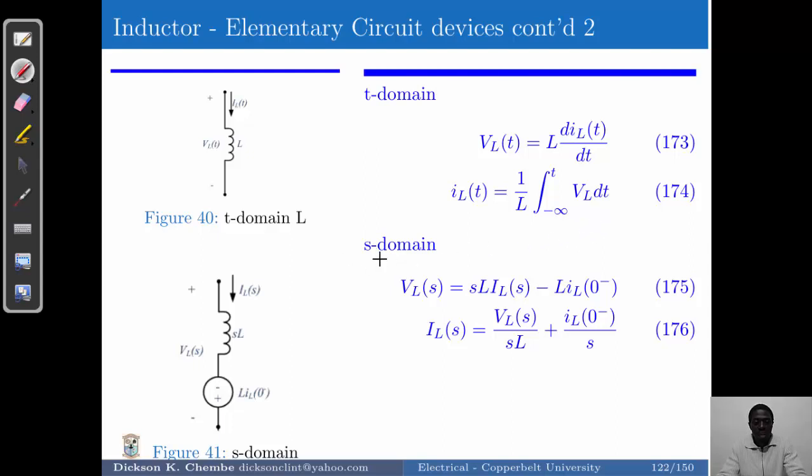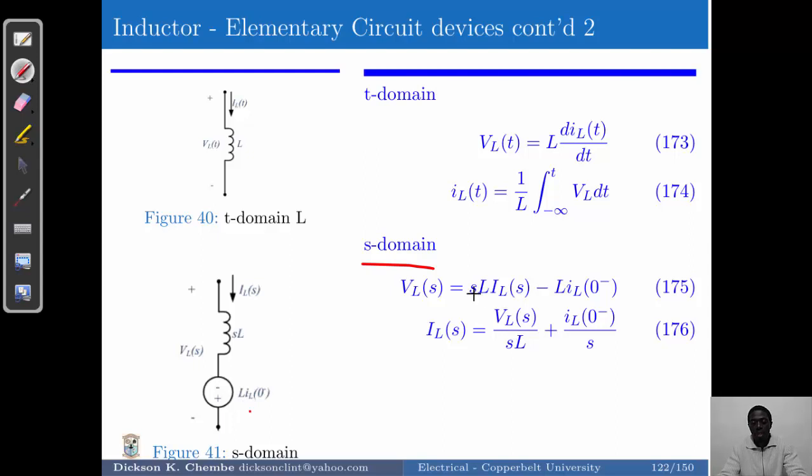Whereas if we come to the S domain, and consider the first solution that we picked, which is the inductor in series with the voltage source, what we get here is the potential VL(s), or the voltage across these two terminals, being equal to the potential across the inductor minus the source voltage value from here.